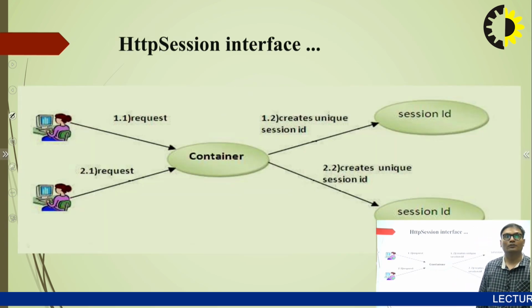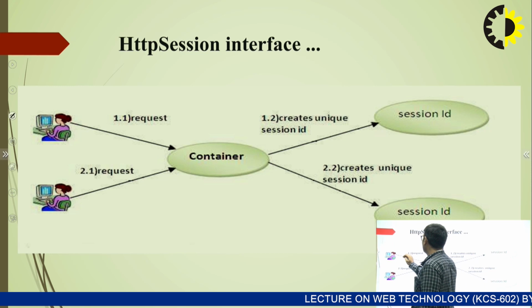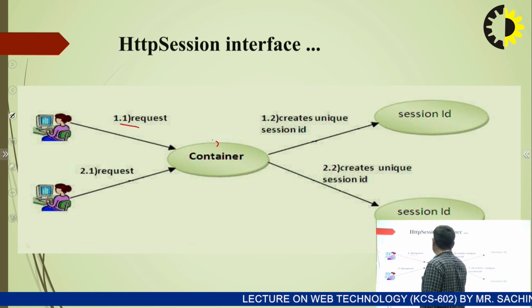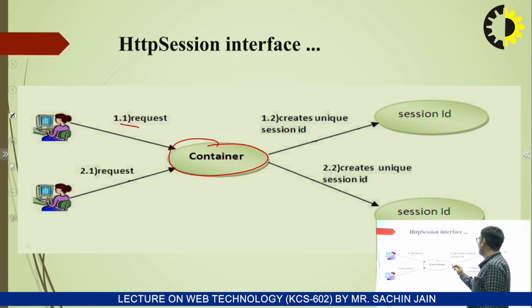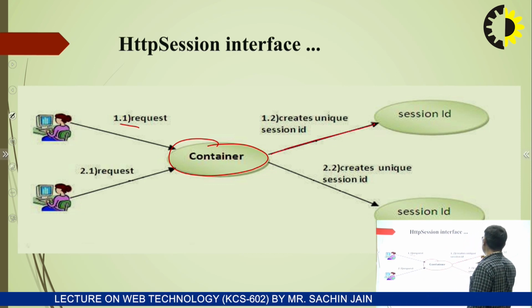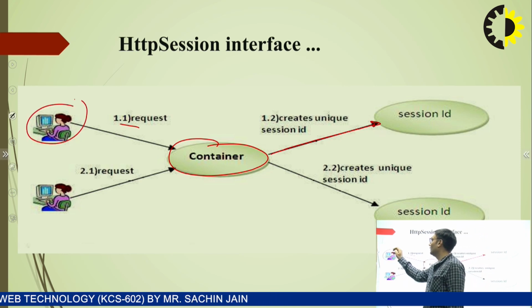So how does the HTTP session interface work? When a client makes a request, this request goes to the container, and the container will create the session ID corresponding to this particular user session.